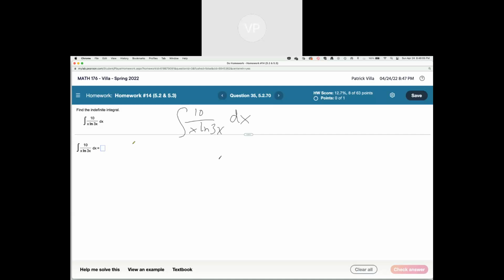Okay, so now I got to figure out what I'm going to do here. And there's a couple of options. Now let me just write these and show you, but I'm not going to do this one because to find my du, I have to do the product rule. Now I know how to do that. If I have to, I will, but let's just wait a second. Let's try something else.